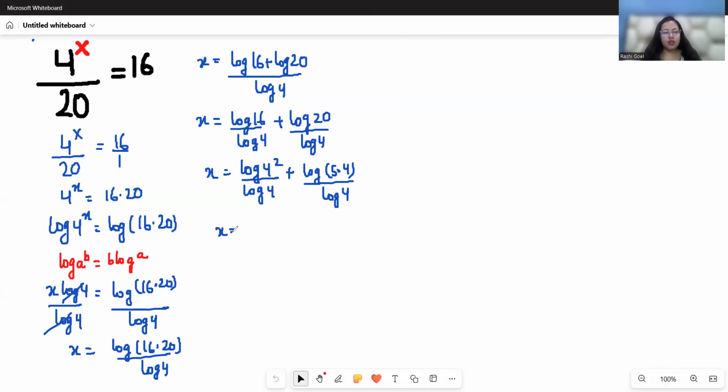So this becomes 2 log 4 by log 4 plus log 5 by log 4 plus log 4 by log 4.